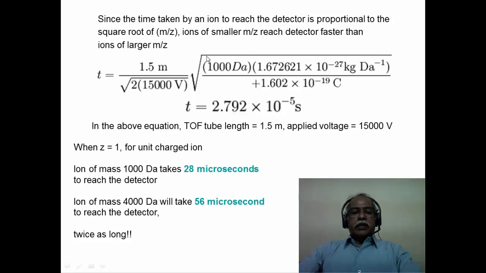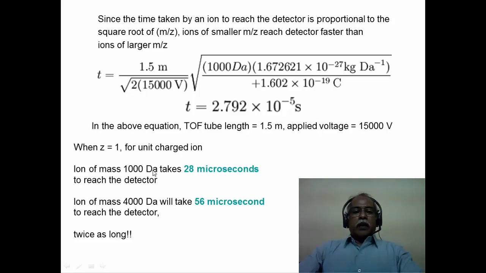If you solve this equation, then for a 1000 Dalton molecular weight, the ion takes about 28 microseconds to travel a distance of 1.5 meters of the drift-free zone of the time of flight tube. If you substitute 4000 and solve this, you will get 56 microseconds.